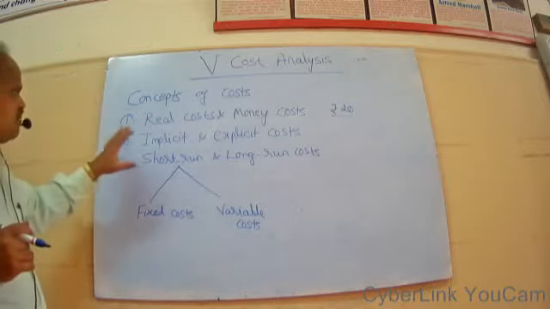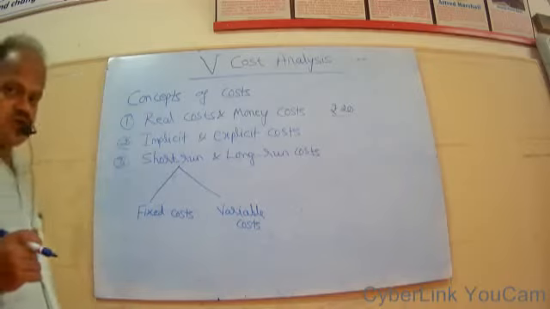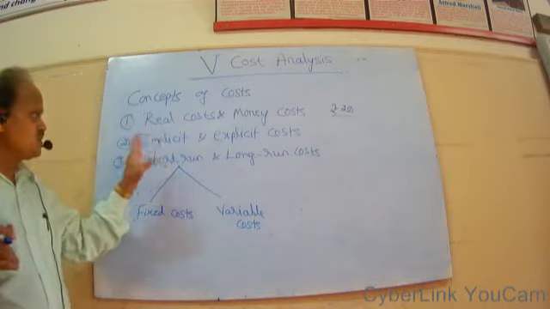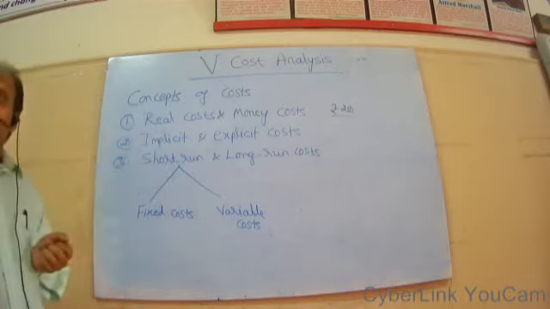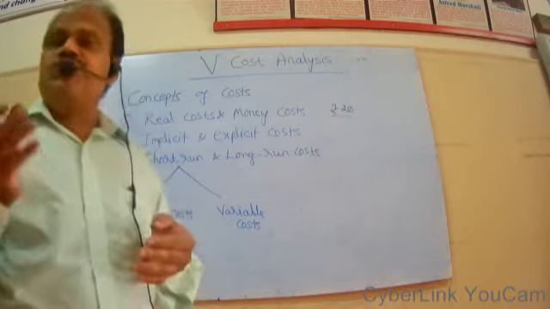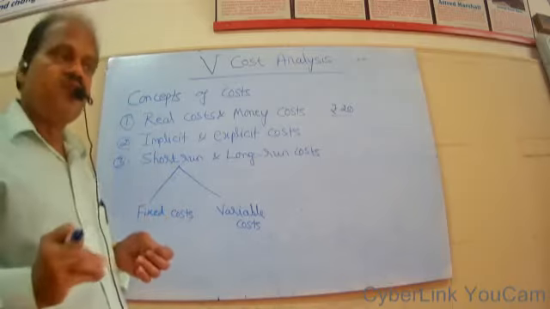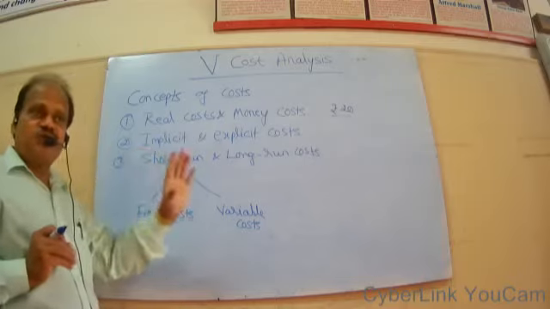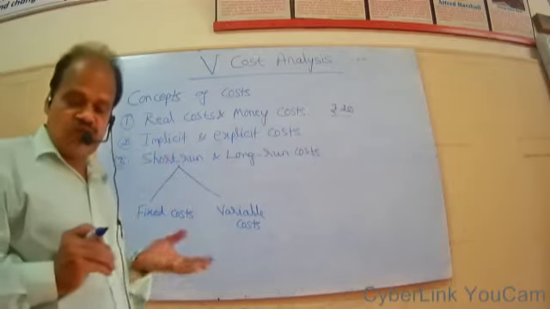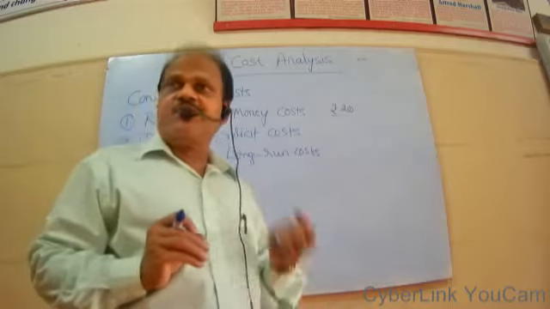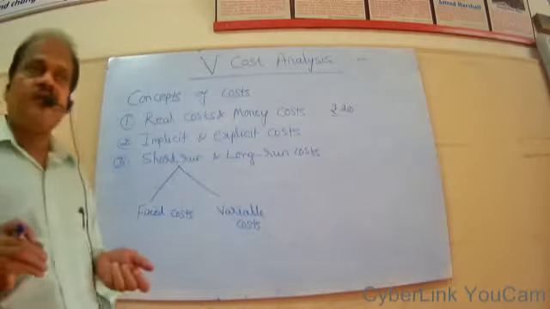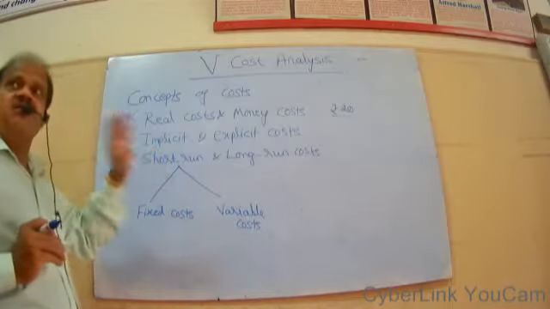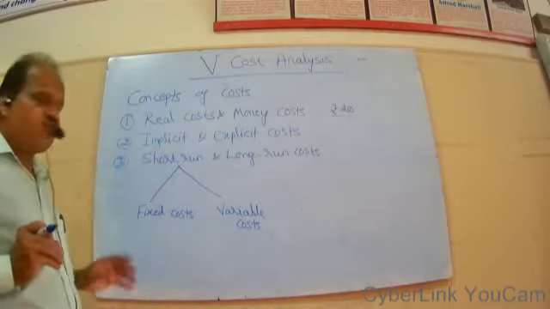Then secondly, implicit costs and explicit costs. What are implicit costs? Implicit costs are the costs which are incurred for the use of own inputs. Sometimes a business organizer can make use of his own inputs like own land, own labor, own capital, like that. So we have to calculate the cost incurred for the use of his own inputs.